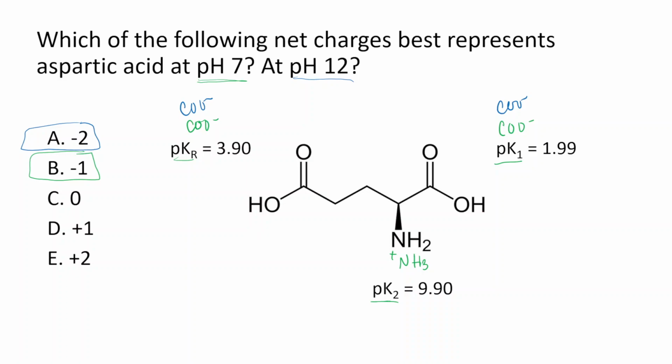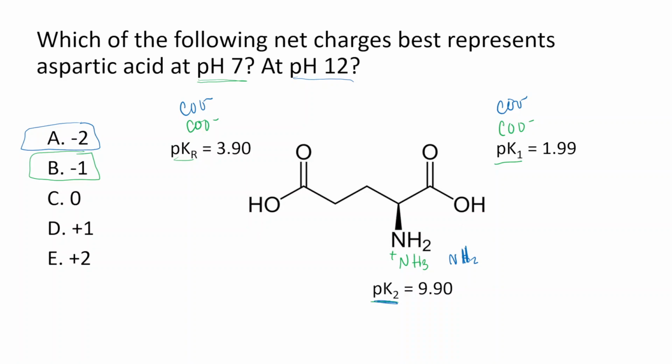So at pH 12, now we're above the pK for the amino group. We are deprotonated, so we are in the NH2 form. We have 2 negatives and a neutral, and that adds up to -2.